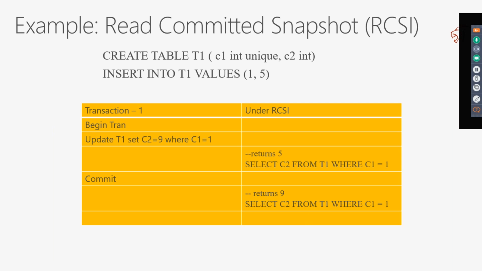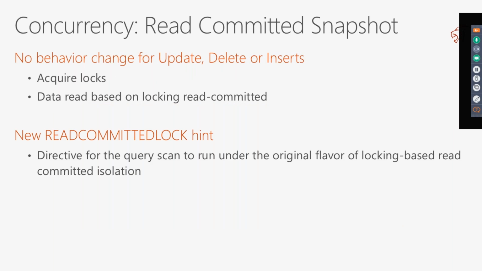I got confused there: the original one was red, and then it was changed to blue, so now I get blue. This is RCSI, read committed snapshot, at the statement level. Now I'm going to show the same thing under snapshot isolation.